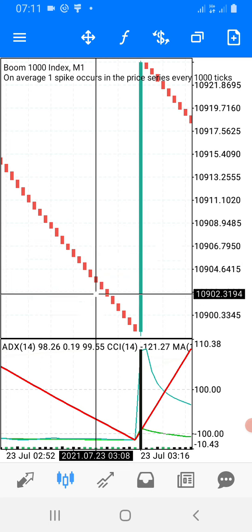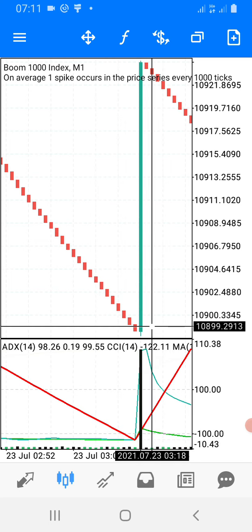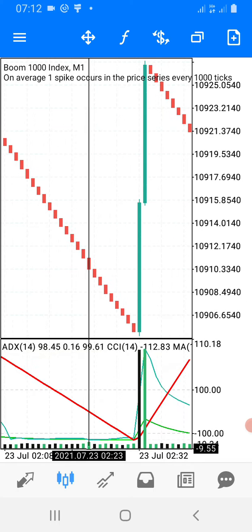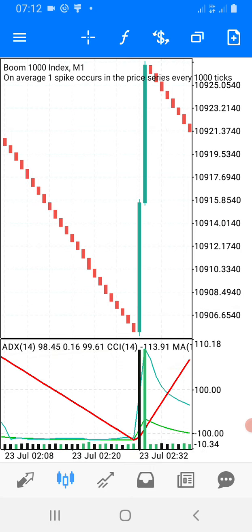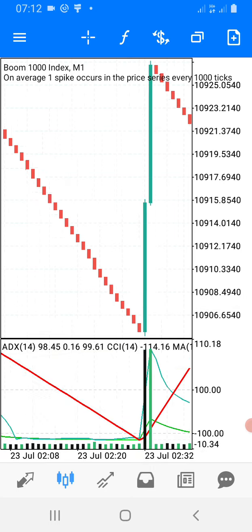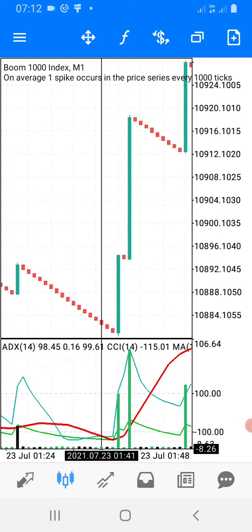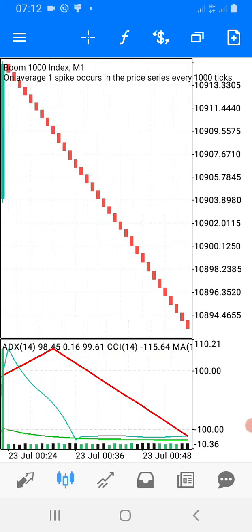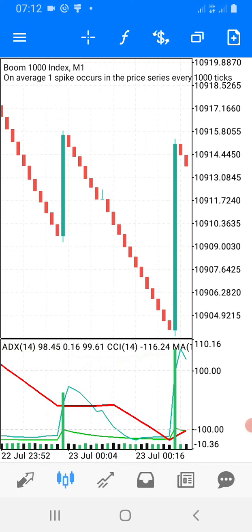The strategy is powerful. Look, it crosses below, then it spikes. You get a black candle, you expect another spike, it spikes. It crosses below at the oversold level, it spikes. I'm going to be giving you strategies that will help you make money.